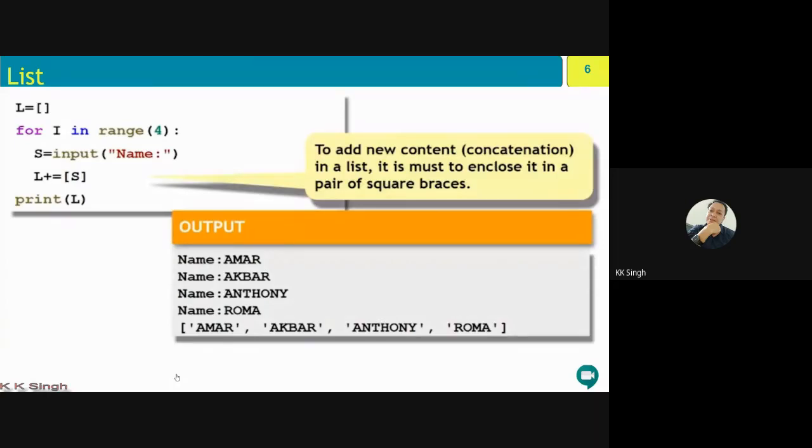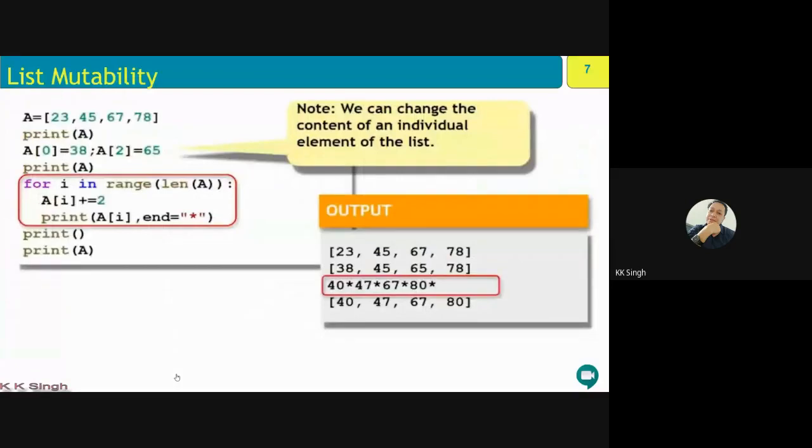Next, mutability. As we observed, tuples and strings are immutable structures, and contrary to that, a list is a mutable structure.